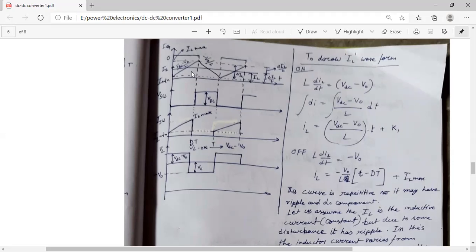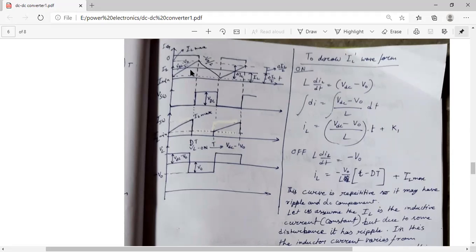The curve is repetitive, so it may have ripple and a DC component. Let us assume IL is the inductive current, a constant current, but due to some disturbance it has some ripples.